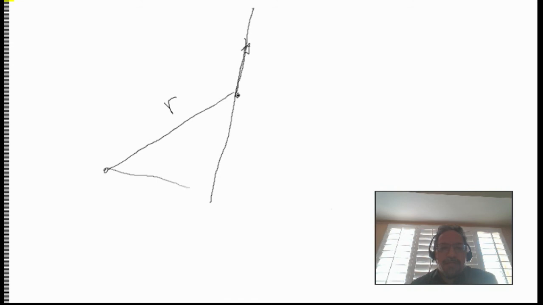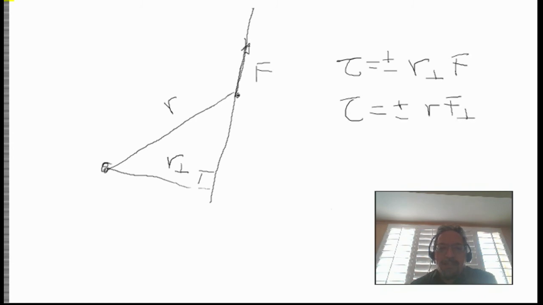This moment arm is going to be perpendicular to the line of action, and we are also going to call it r perpendicular. And then we simply say torque, again we give the proper sign, is r perpendicular F, and also r F perpendicular. So this is the hardest of our constructions.